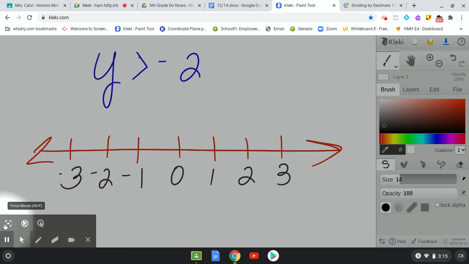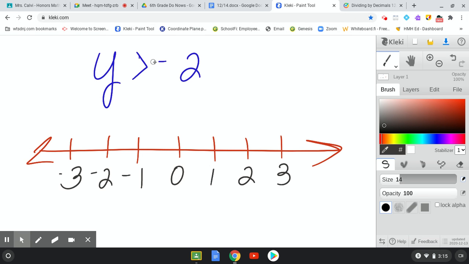All right, let's look at another one. So here I have y is greater than -2. So first thing I'm looking for, my variable's on the left. Good. So step 1, variable on the left.